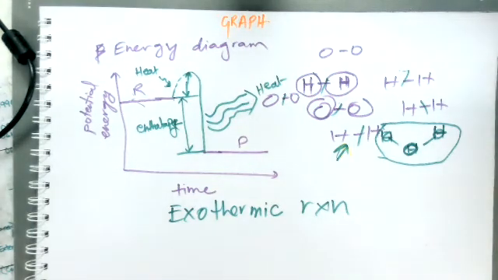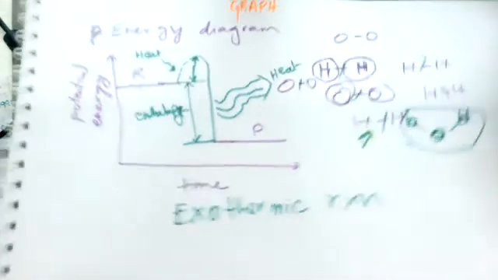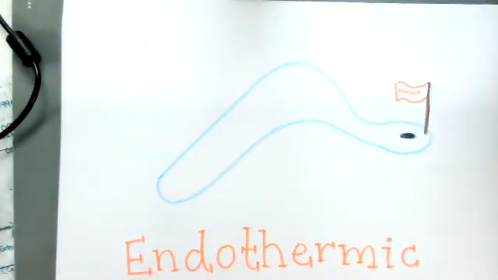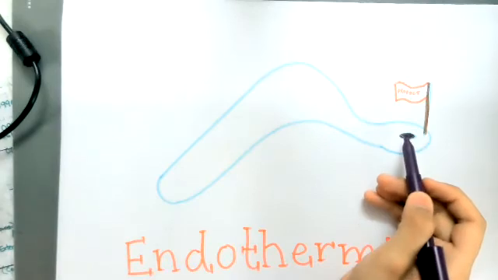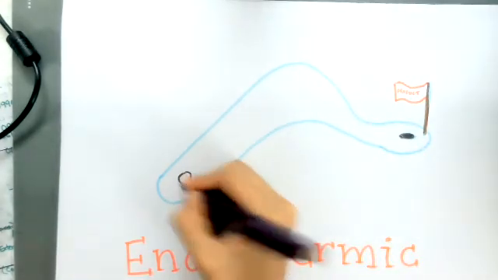Okay, now another sort of reaction is the endothermic reaction, and as you would have probably already guessed, it takes in more energy than it gives out. The same analogy applies to the endothermic reaction, but this time we have to give the ball more energy, and then it's going to release less energy going down to this hole. So this is our golf ball.